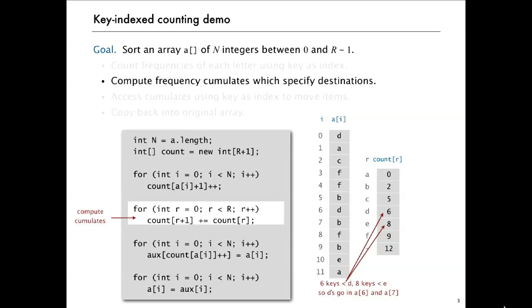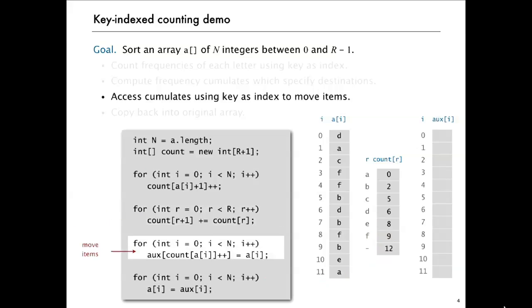So the D's have to go in A6 and A7. So this is an array of indices that is going to tell us how to distribute the keys in the output.